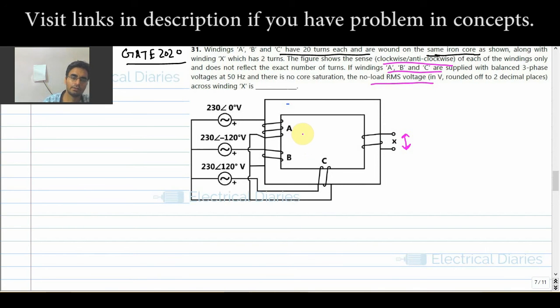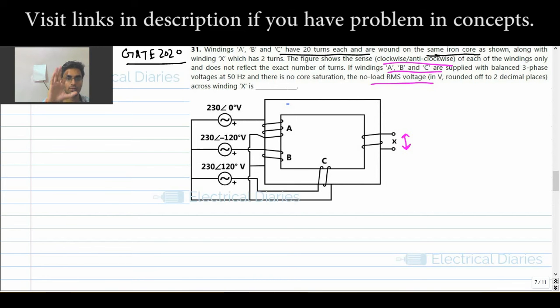In this question, first we have to find the net flux and its direction. So let us take this winding. For this you have to use your right hand and curl your fingers in the direction of current, and your thumb will show the direction of the flux.